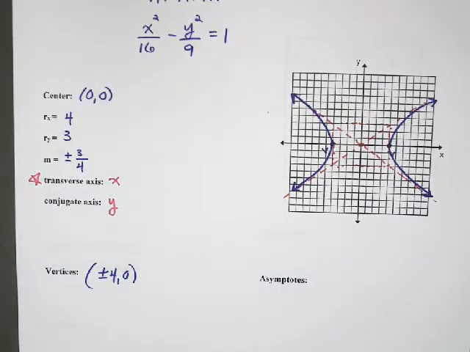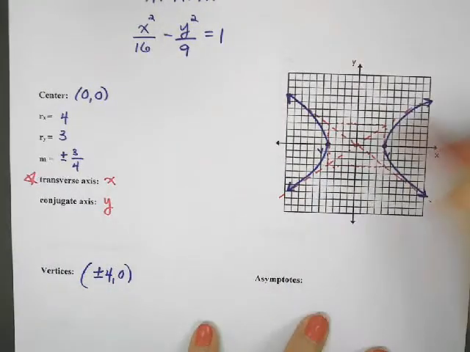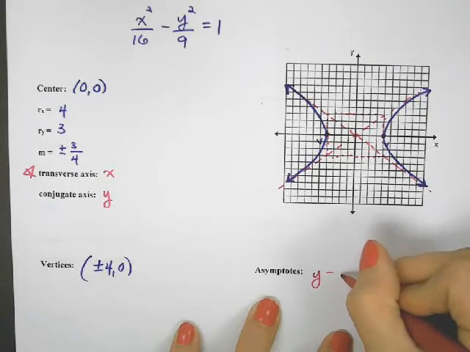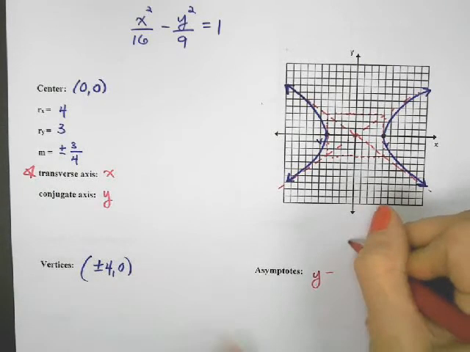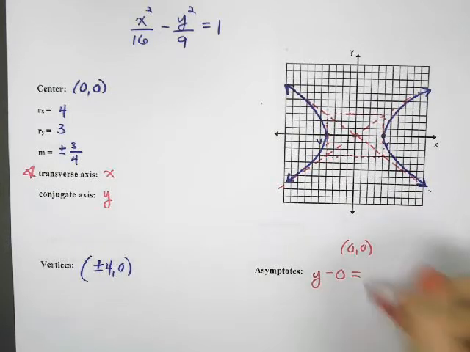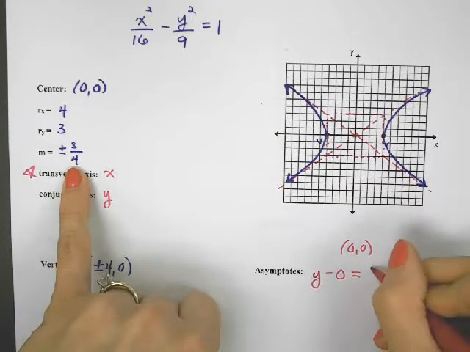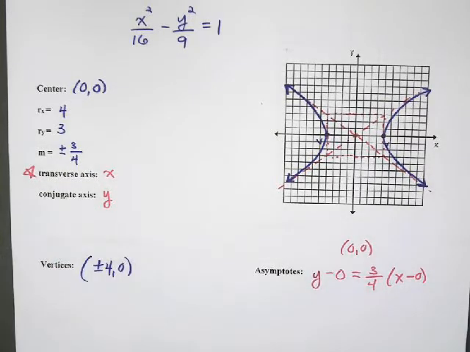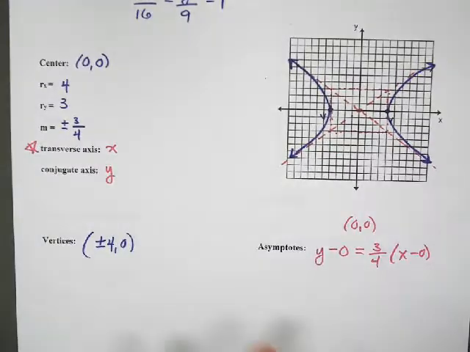And the next thing I'm going to do is write the equation of the asymptotes. So these asymptotes right here, I'm going to do y minus, let's see, the center point is 0, 0. Y minus 0 equals m. Let's do the positive one first, 3/4 x minus 0. This is kind of silly when it's just 0.